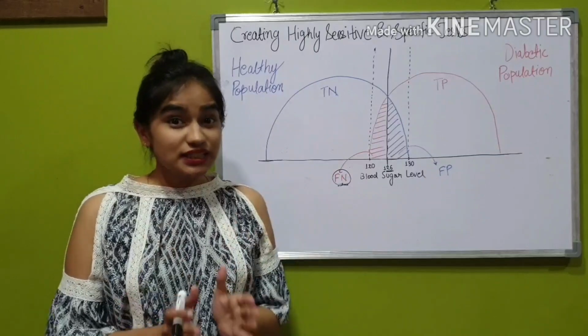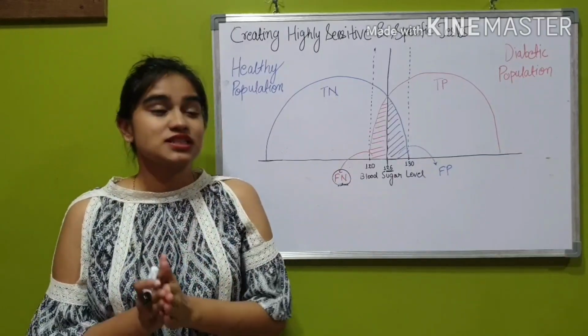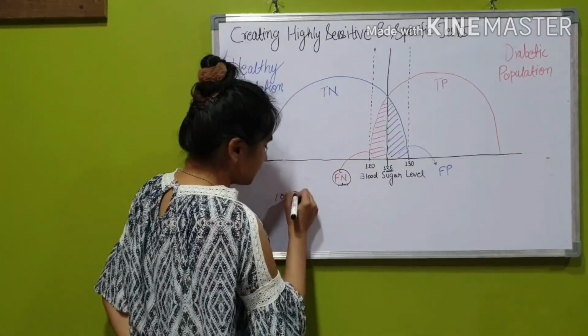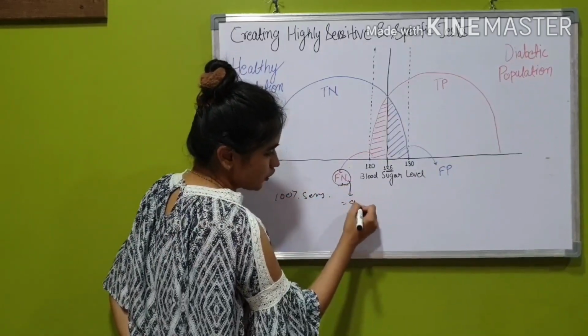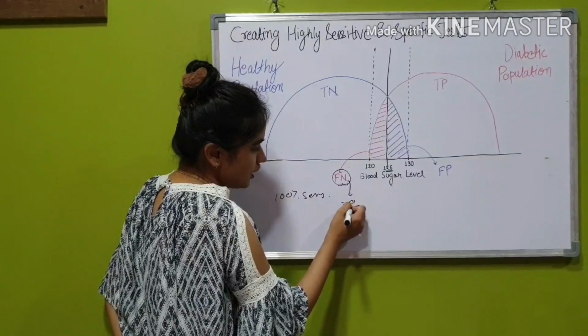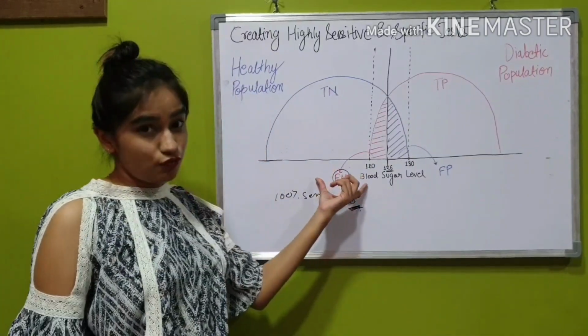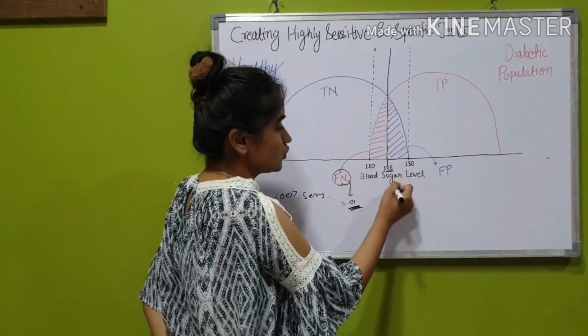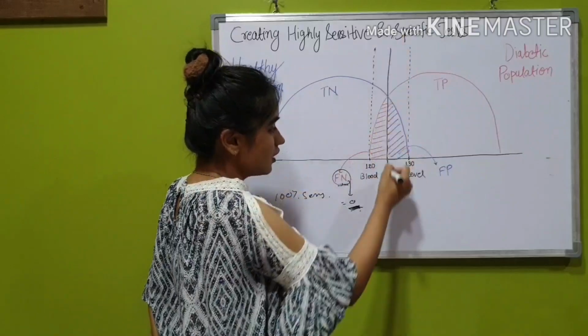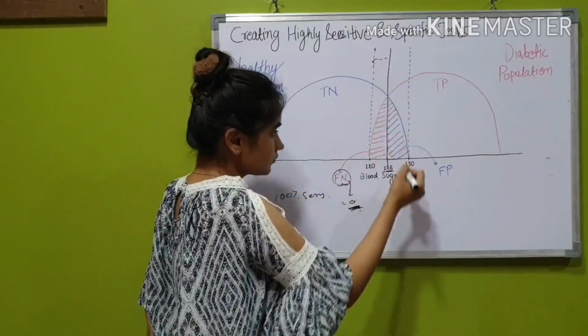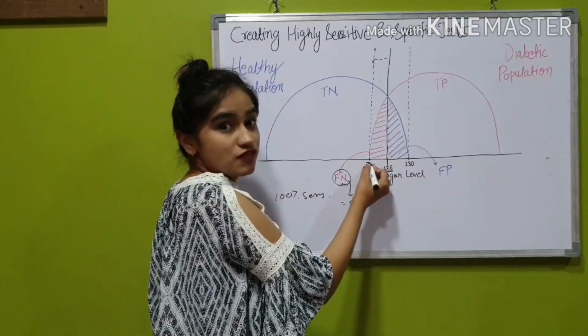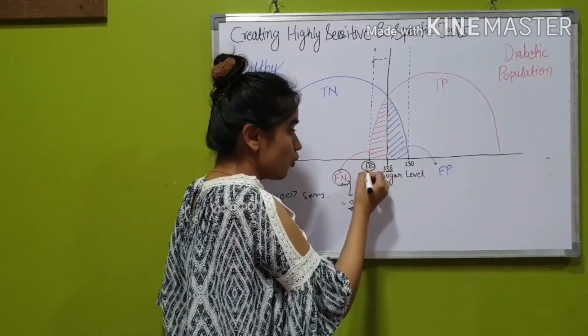Coming back to creating a test which is 100% sensitive. When a test is 100% sensitive, that means the false negatives are 0. So in order to reduce all the false negatives, we will have to shift our reference interval to the point from where the disease curve starts. That means it's 120.